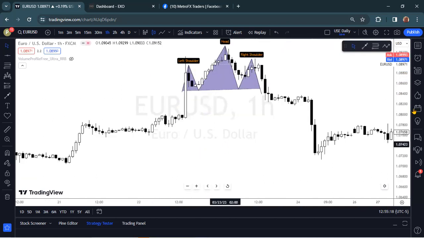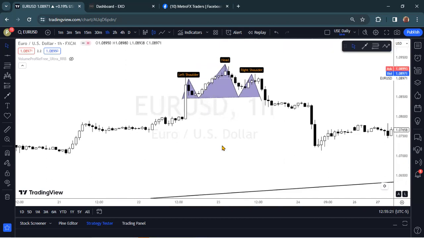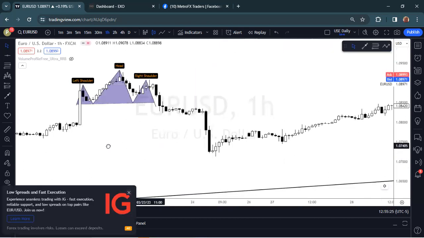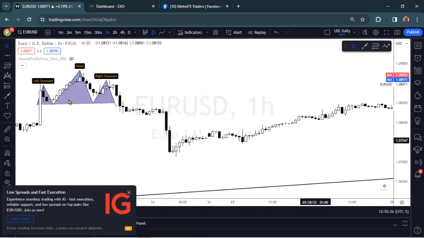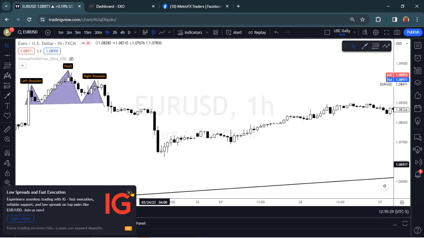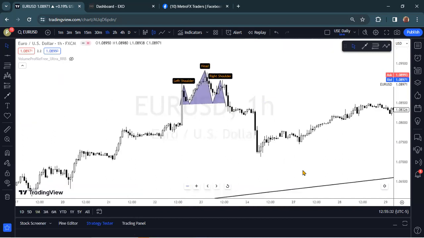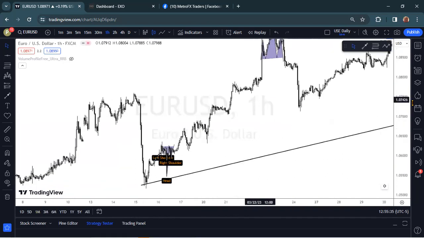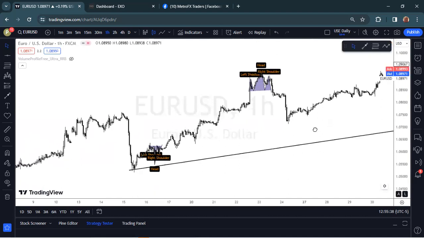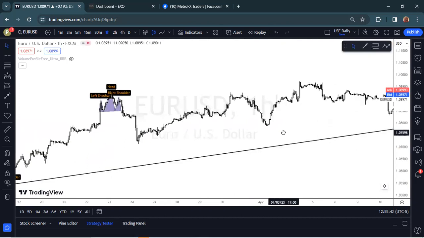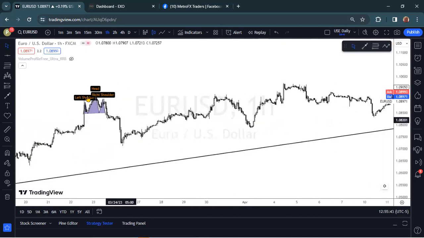Do you guys see that? That's why it broke down, because it gave a head and shoulders over there. And it reversed. Then it continued its journey up.